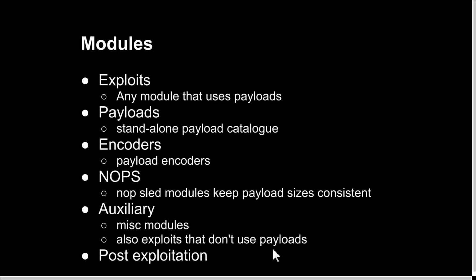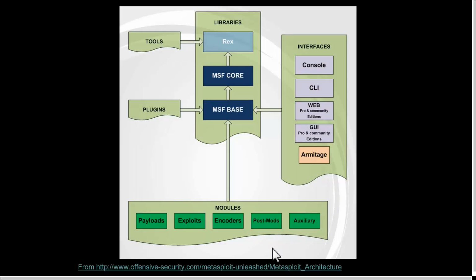NOPS is straightforward. It's the tools to generate NOPS lists to keep things nice and evenly sized. And then there are miscellaneous modules and auxiliary, which also includes exploits that aren't associated with any payload. And then there's also post-exploitation, which we'll cover another time. So that's all the modules right there.